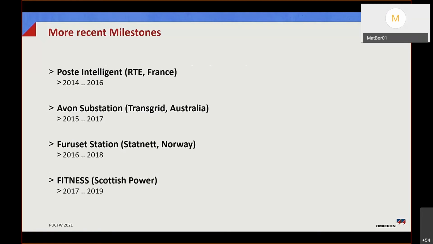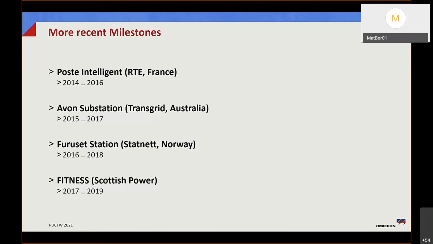Now some more recent milestones. I just picked 4 projects that made it to the conferences, so to say, projects that were presented by the responsible people at international conferences. There are more projects than this, but they are somehow role models for what we have seen in the last 10 years, probably.